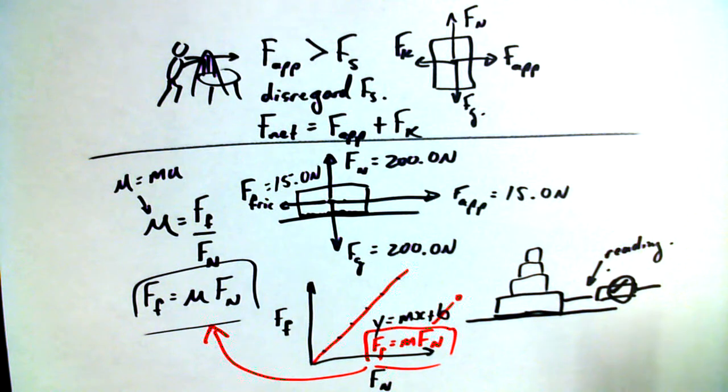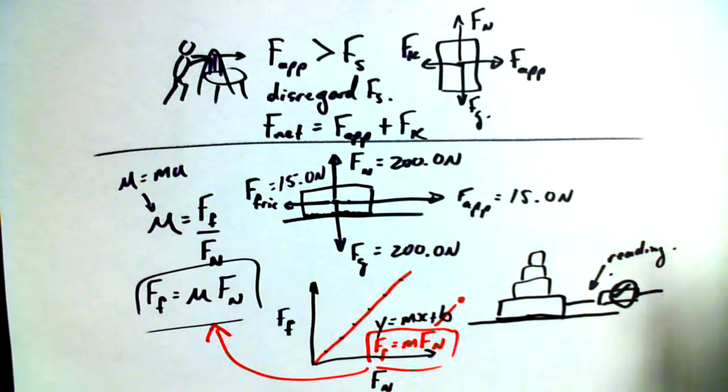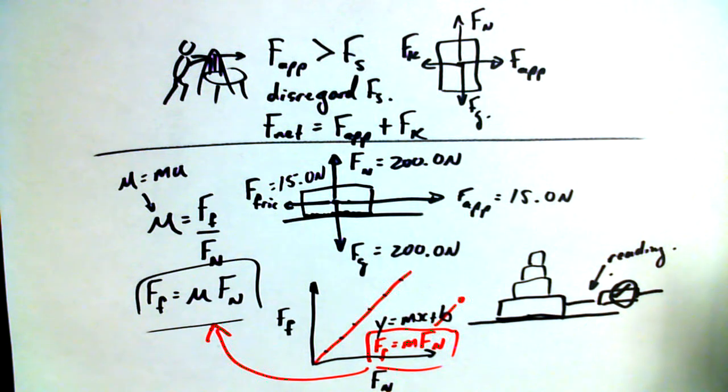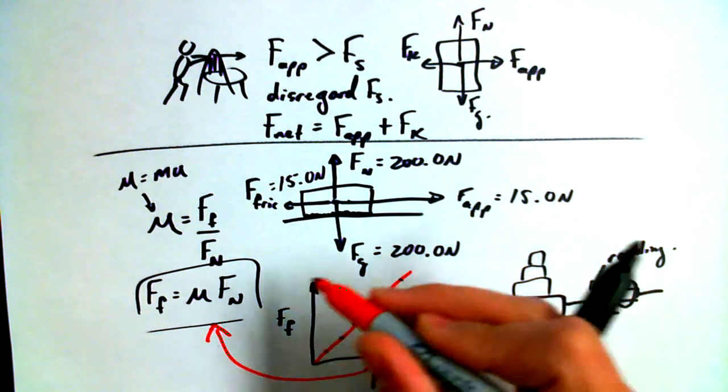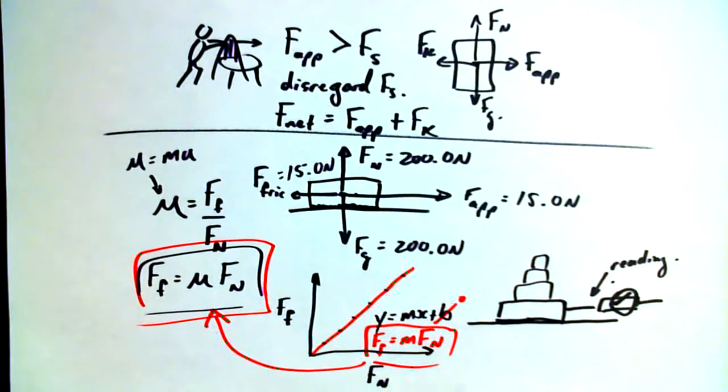Can you see that? It's just that instead of using m for slope, like we did back in grade 9, we're going to use mu to specify that we're talking about a coefficient of friction. So this is a quick little thought experiment, and we can pull out the real lab equipment, no problem. But if you can follow the thought process, that's where that equation comes from. It's not some magic equation that comes from nowhere. It's totally based on logic.